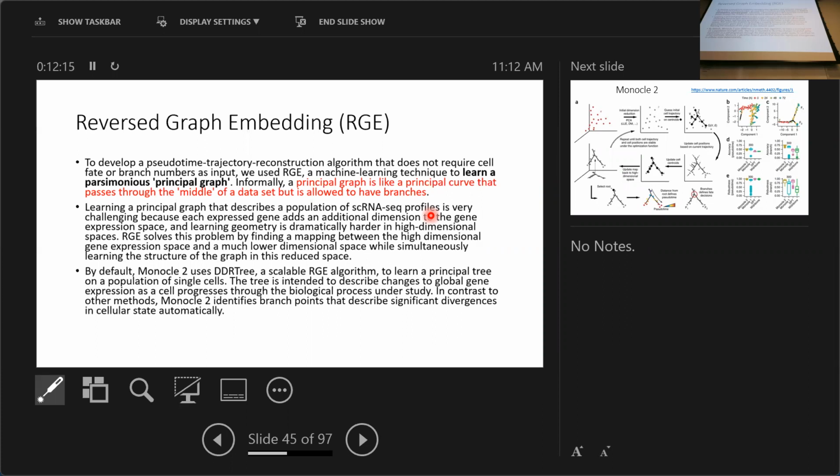So this is called a principal curve. And they use a principal graph, so you have not only the curve but also a branch. You can have data points. So like here, then you have a branch.